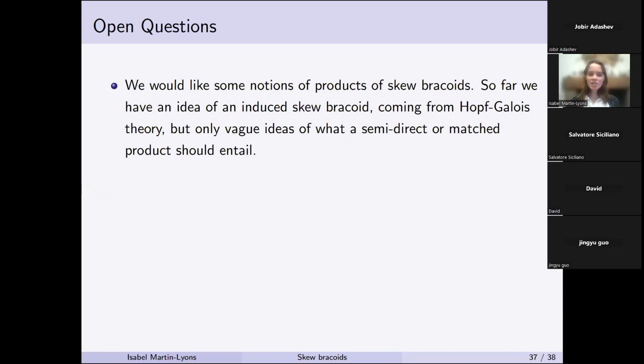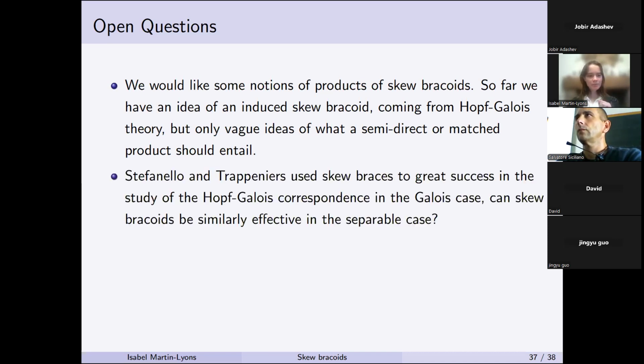We have this idea of an induced skew bracoid. This comes from Hopf-Galois theory, and to give you some sense of it, if we have a skew bracoid, we can reduce the stabilizer, if you like. But we only have a few vague ideas of what a semi-direct product or a match product should entail.